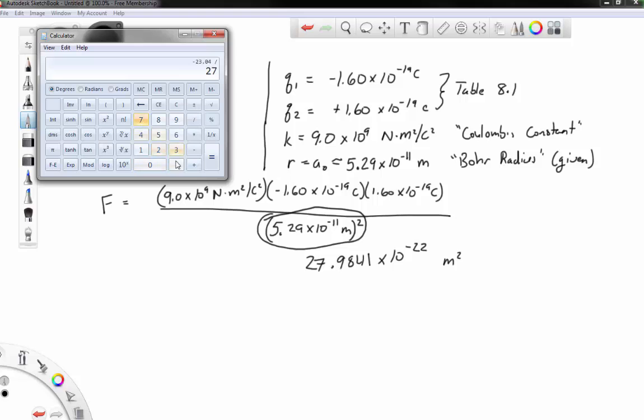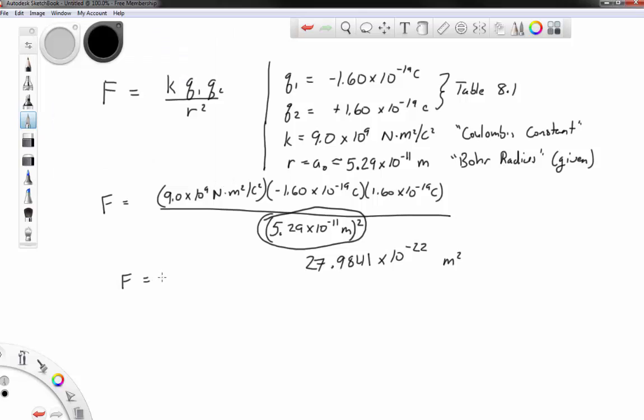Divide that by this 27.9841 number, and so it looks to me like I'm going to get F equal to negative 0.823324, and I'm going to just go ahead and write that as 8.23324, and then the next digit's actually a 67, so we'll just put a 7 times 10 to the minus 1.